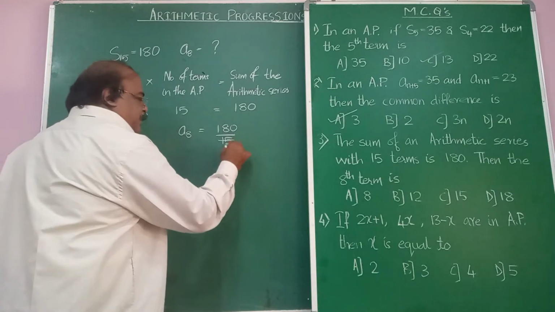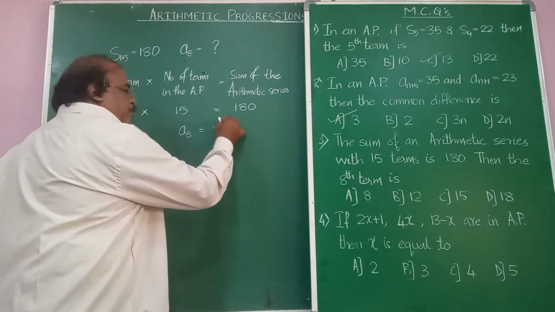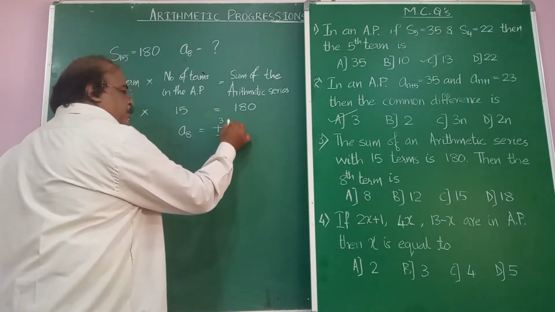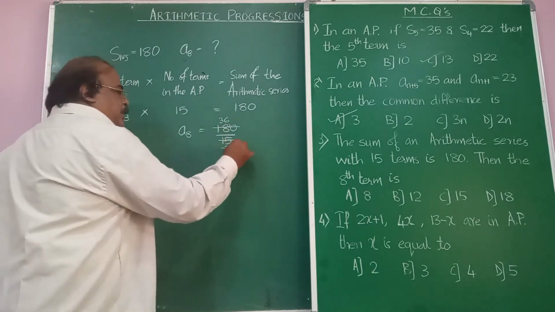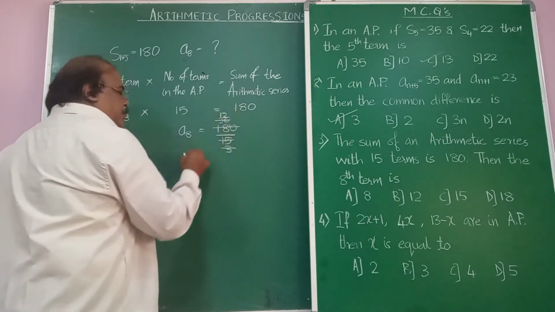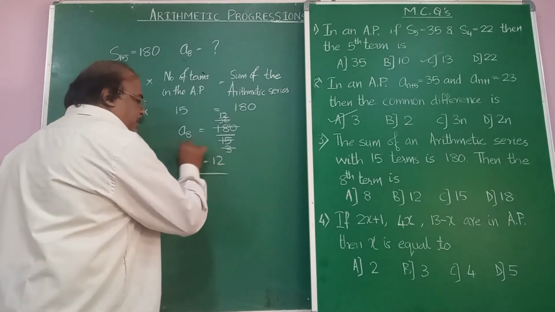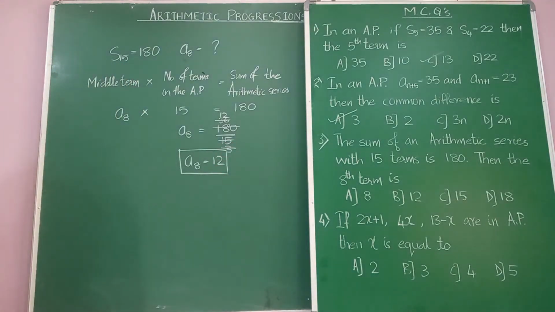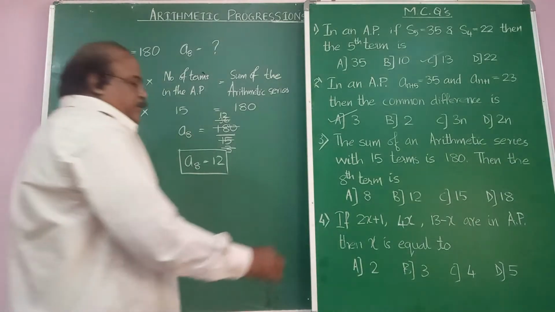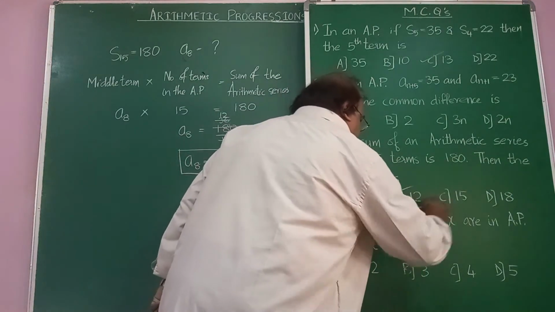So you get 5 3s are 15, 5 6s are 30, 1 2s are 12. So what is your middle term? Your middle term is 12.